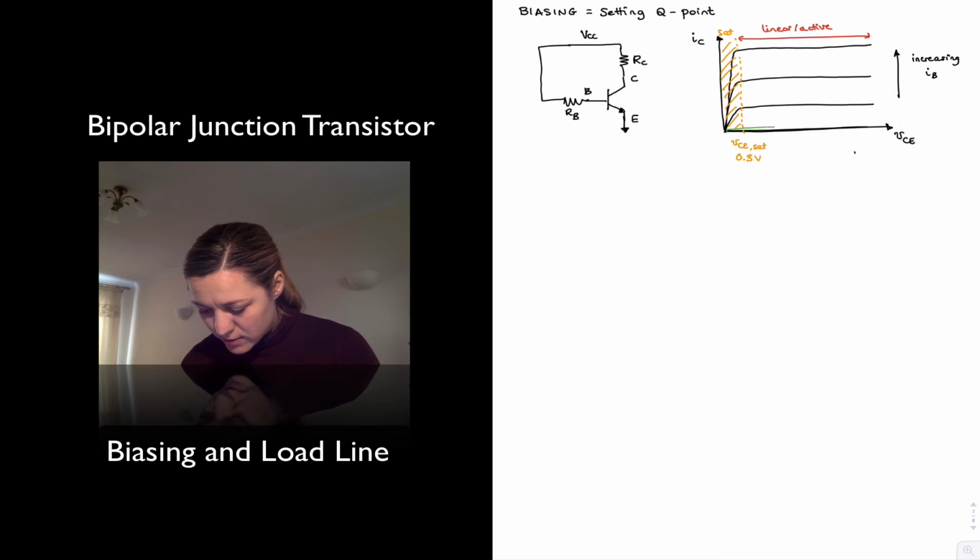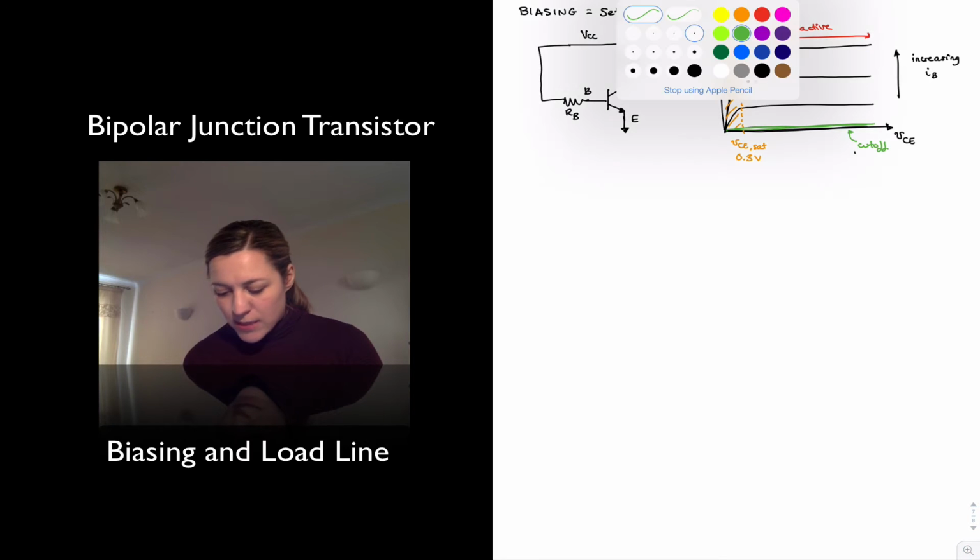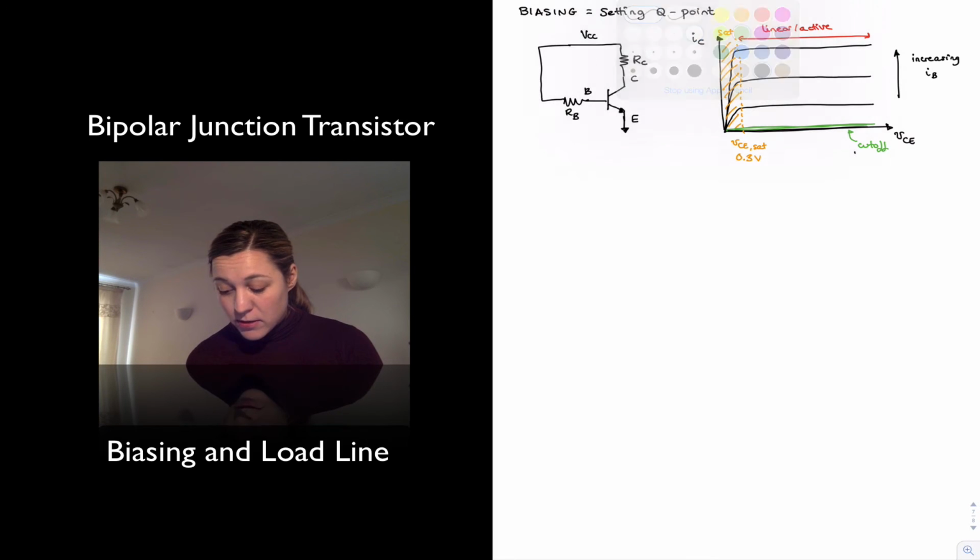And otherwise, we can be in the cutoff region, where IC is equal to 0. Now, like I said, within these lines, there are multiple possibilities for an operating point within the linear active region. We can be, for example, in this point right here, or we could be in that point up here. They're both in the linear active region.